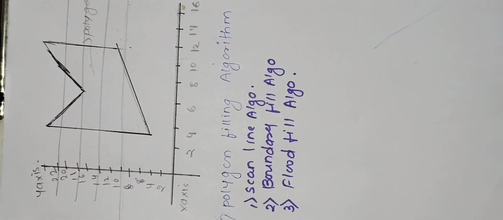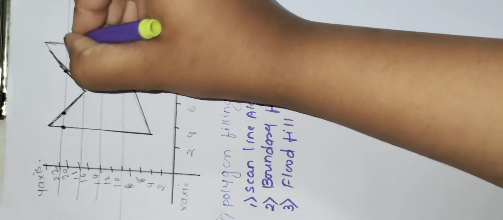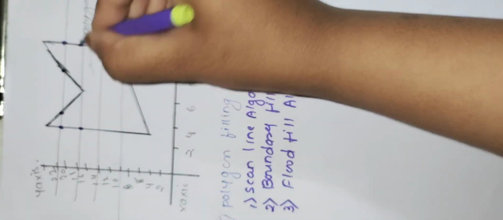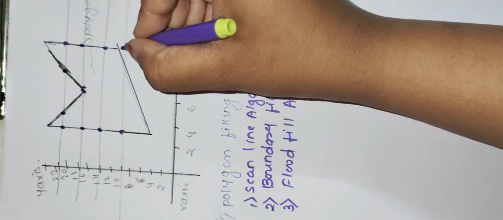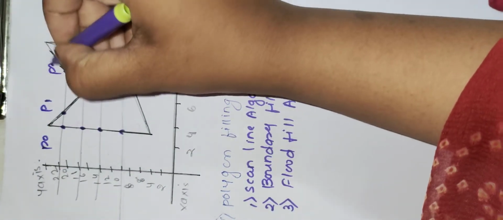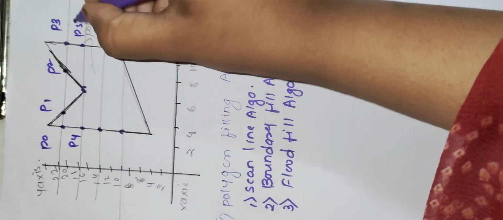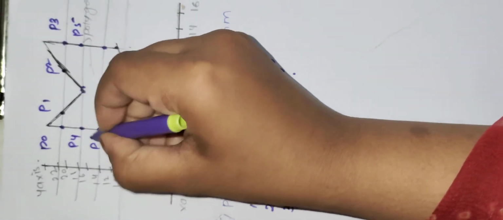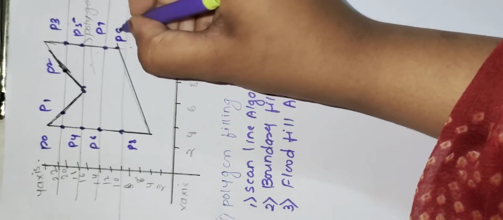So we have to find some intersection points here, here, here, here, here. First we name them P0, P1, P2, P3, P4, P5, P6, P7, P8 and P9.